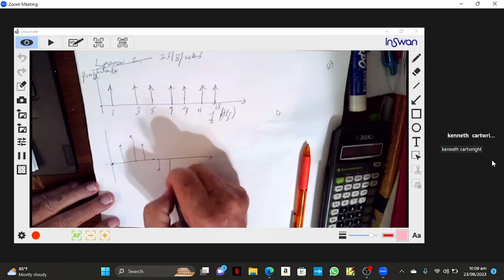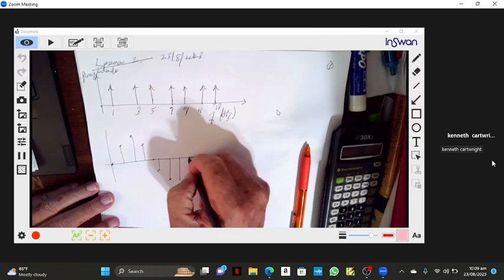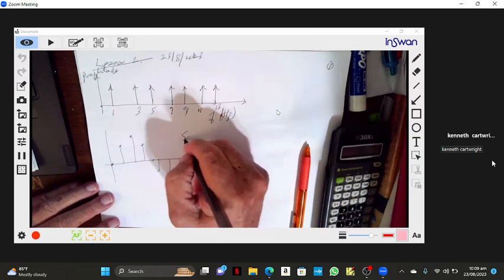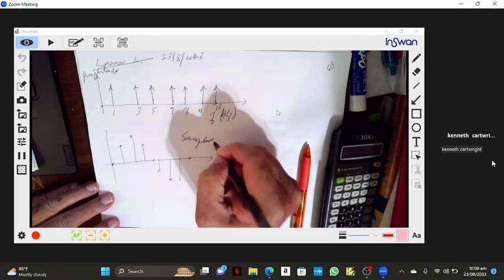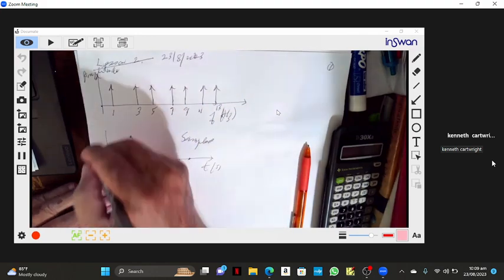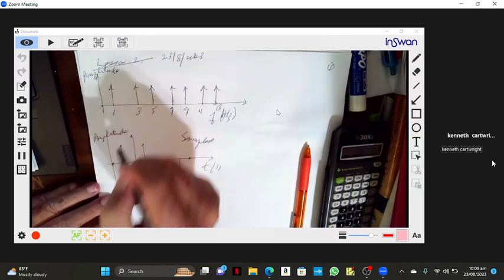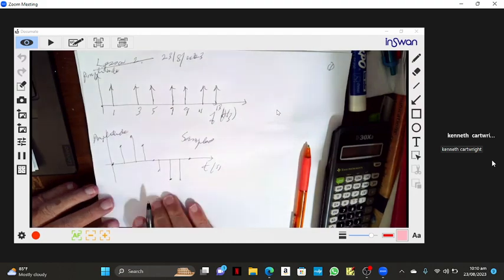That's the sample signal, and this is in the time domain. What is this a plot of?